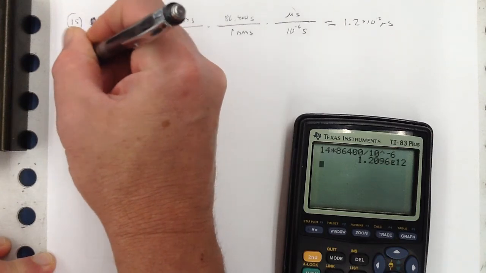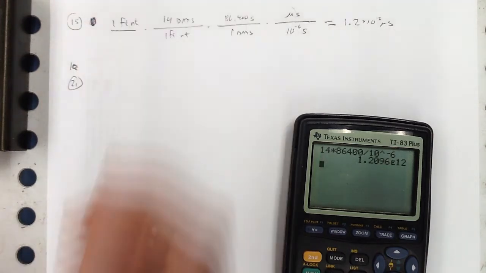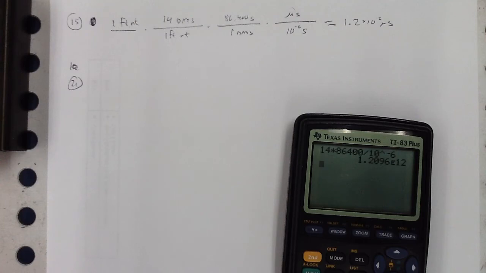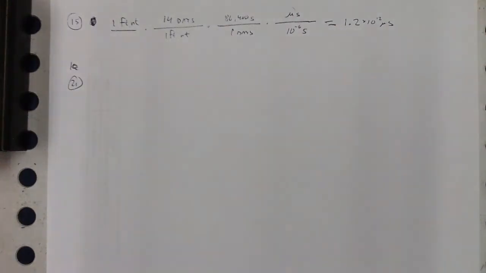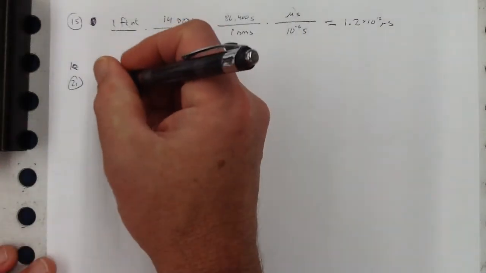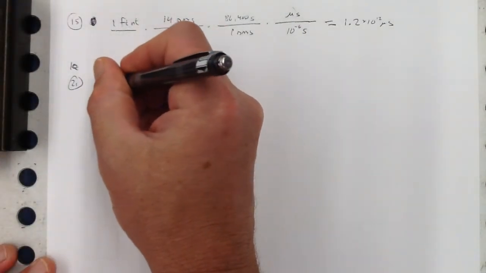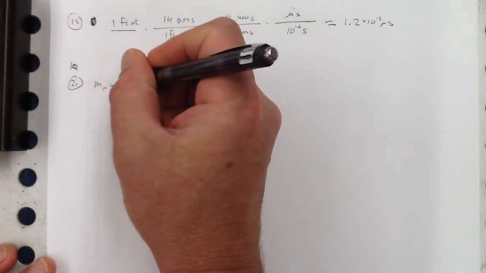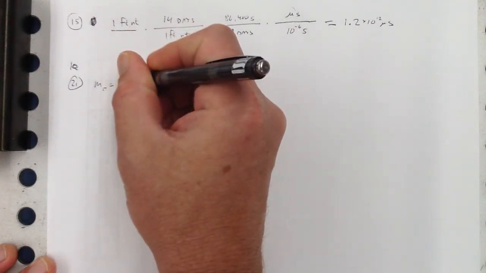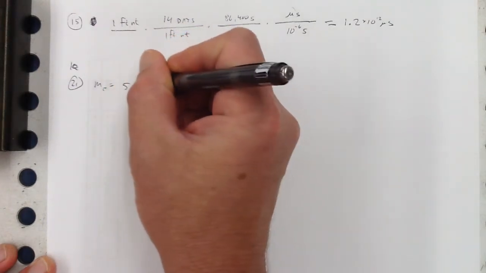All right. Am I doing 17? No. Next one is 21. All right. So mass now. The mass of the Earth is, what is it? I've seen different numbers.